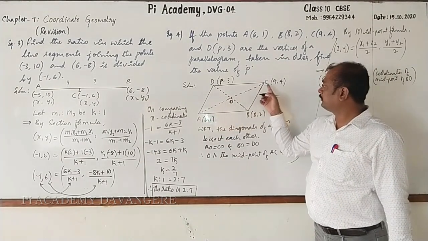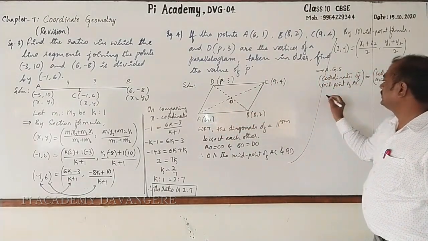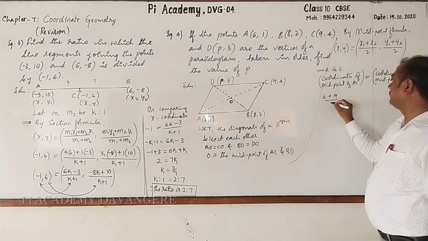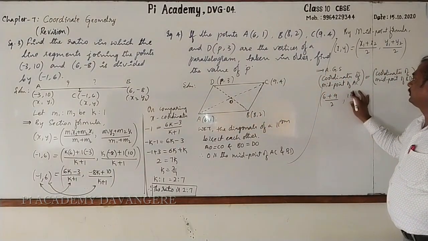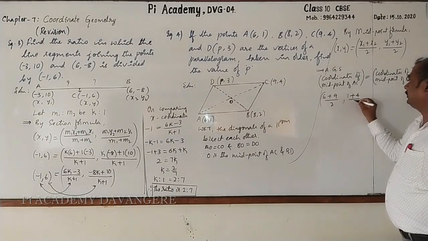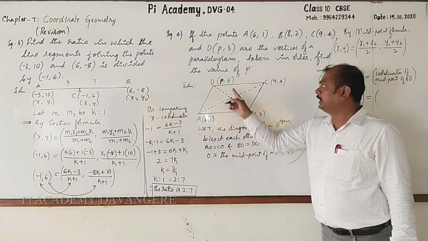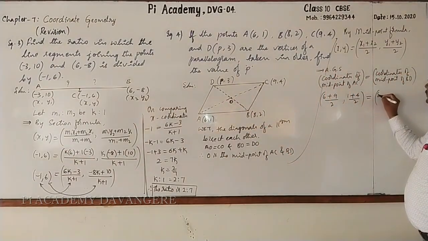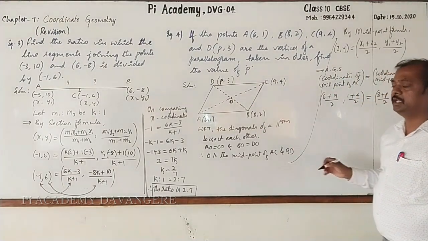Let us find out that. How? First, with respect to AC. AC is what? It is (6 plus 9) by 2, and y1 plus y2, (1 plus 4) by 2. Followed? This is equal to, with respect to BD, (8 plus P) by 2, then (2 plus 3) by 2.